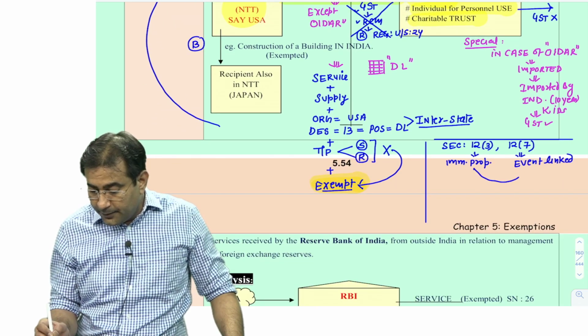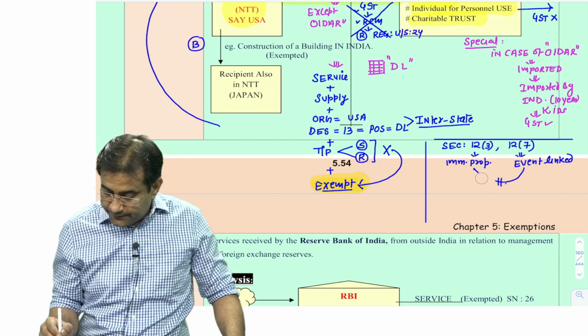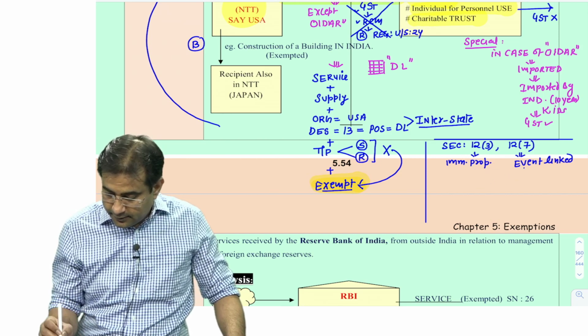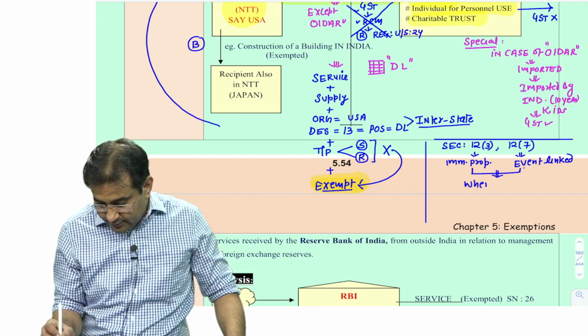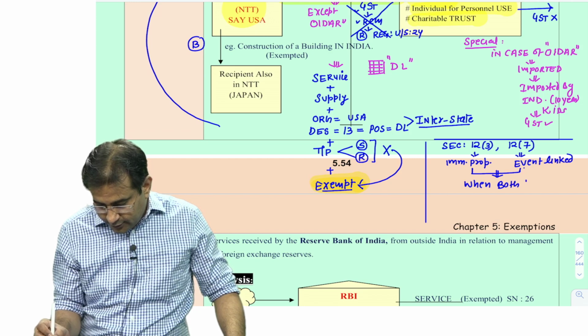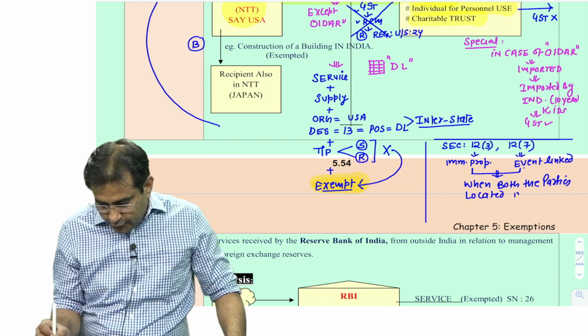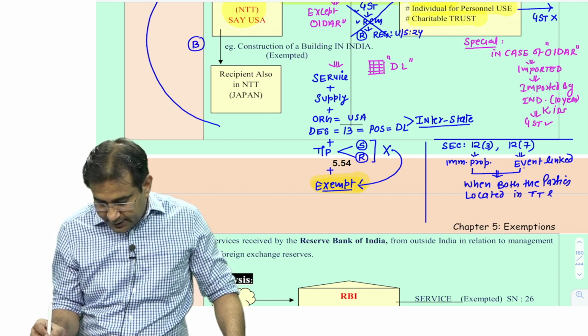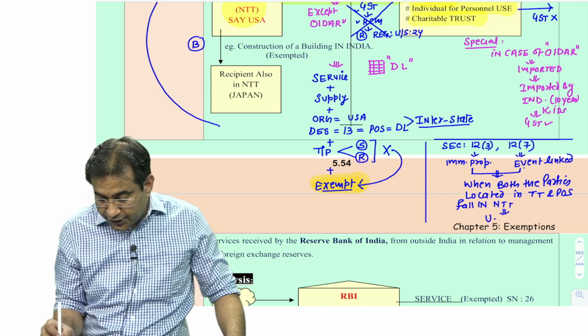Government made a provision in the situation when both the parties are located in the taxable territory and place of supply falls outside. In such a case, there was a provision of U-turn.